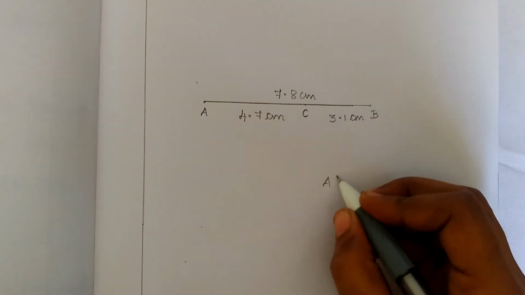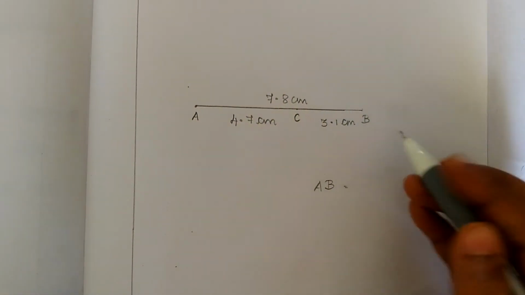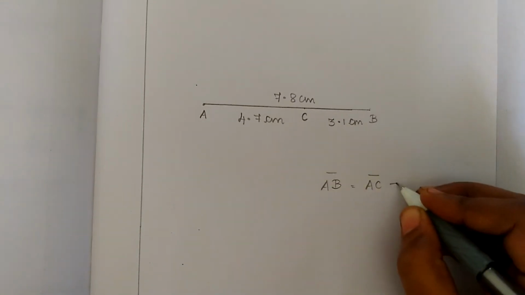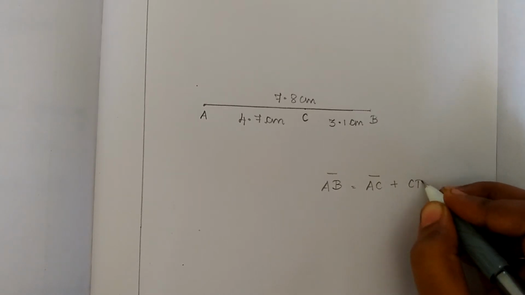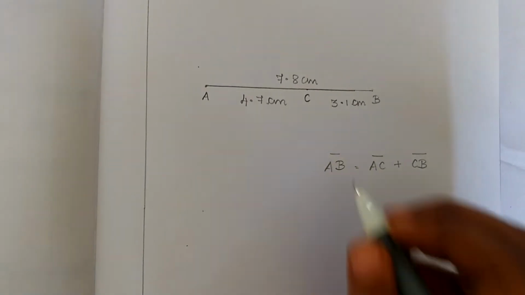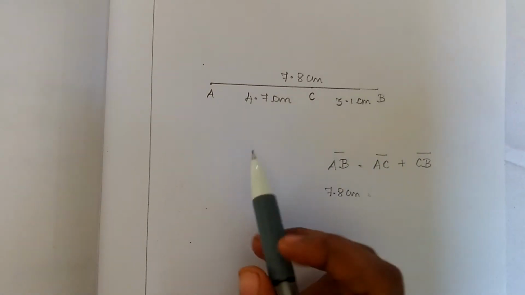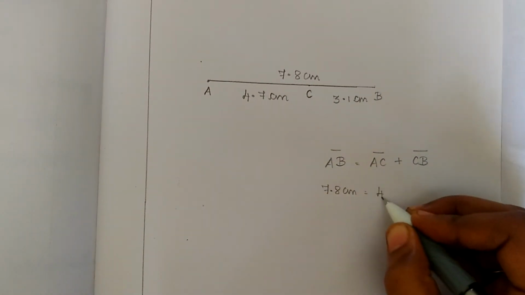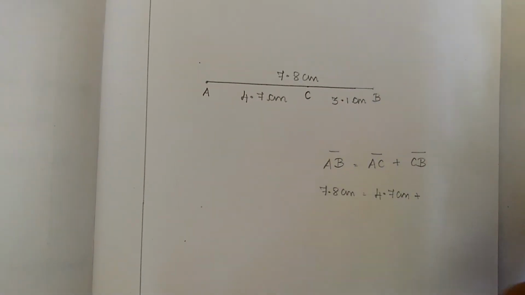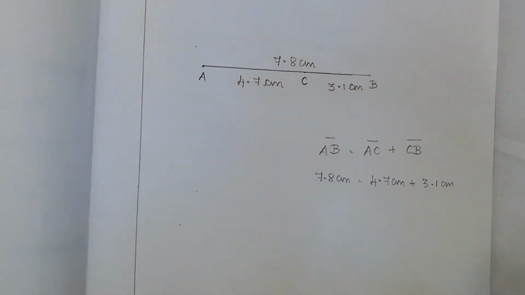Line segment AB is equal to line segment AC plus line segment CB. What is the value of AB? AB is 7.8 centimeter. The value of AC is 4.7 centimeter. The value of line segment CB is 3.1 centimeter. What is the next step?